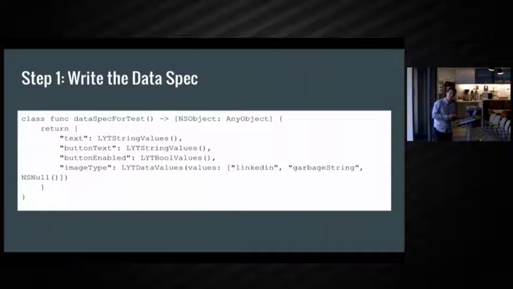The one main difference is instead of concrete values, we're going to use data values subclasses. So for instance, instead of providing a real concrete string for text, we're going to provide this LYT string values instance. Instead of for the button enabled, we're going to use LYT bool values. And for image type, we're going to use a custom set of data values, which we think would be good for testing image type.